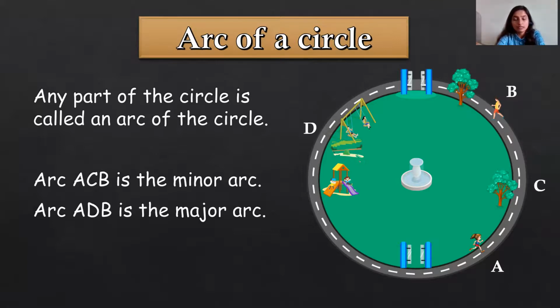So this forms an arc, which is arc ACB. Here arc ACB will be called the minor arc and arc ADB is the major arc.